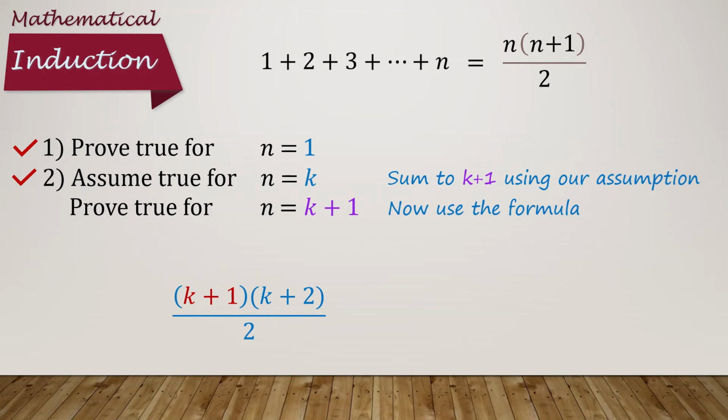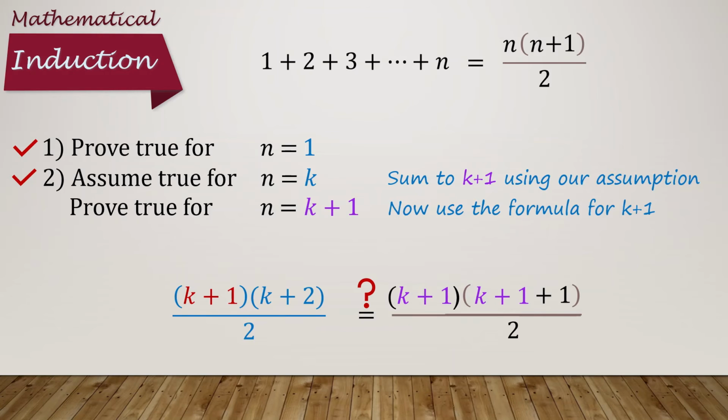Now use the formula for k plus 1. Remember on the left hand side we used it up to k, but we didn't use it up to k plus 1. So on the right hand side, let's see if it equals using the formula for k plus 1. Well, there's our formula, n times n plus 1. Let's just move those apart a little bit. And let's just substitute in k plus 1.